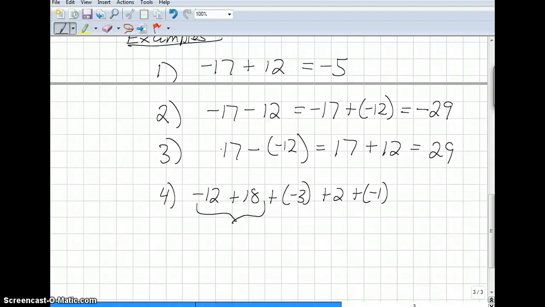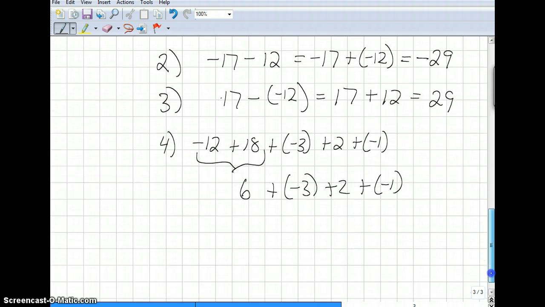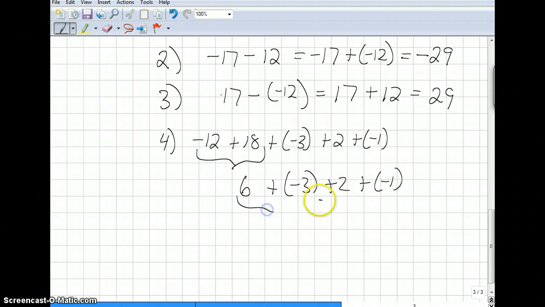Well, I have more positives than negatives, and I actually have 6 more positives than negatives, so it's going to be 6 plus negative 3 plus 2 plus negative 1. Continuing on, moving left to right, this is going to give me a positive 3.